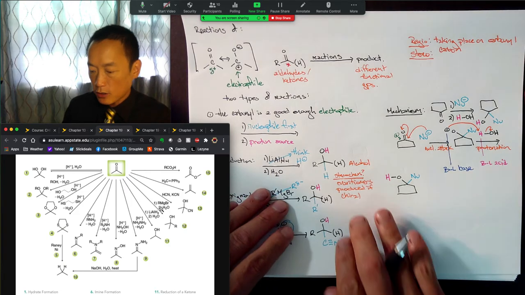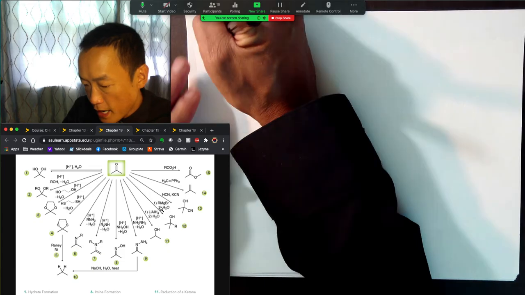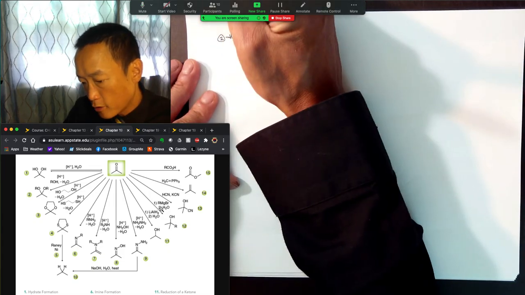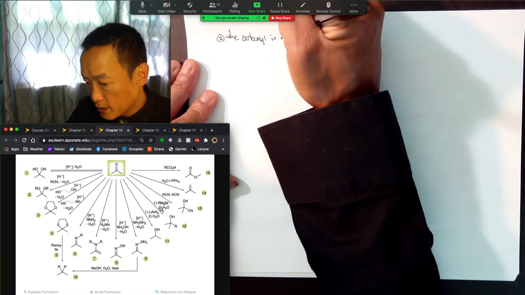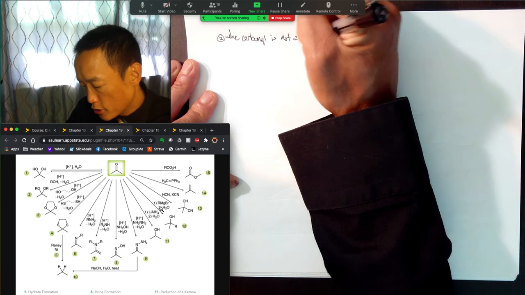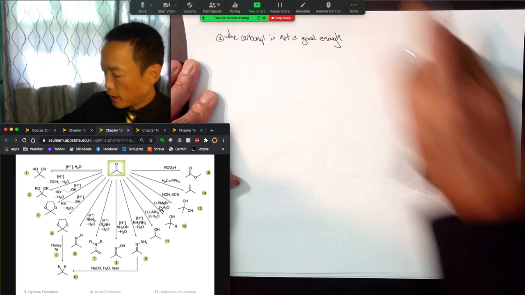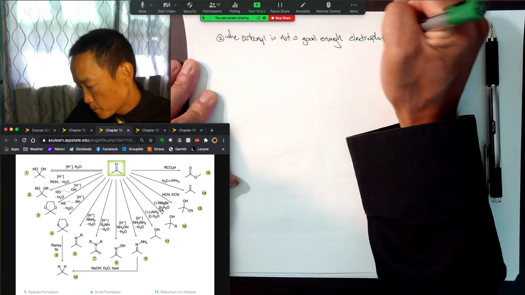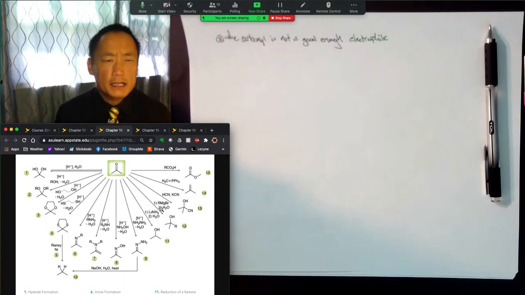Let's take a look then at reactions of, but now the carbonyl is not a good enough electrophile. And again, this is the type of idea that I keep kind of hinting at.